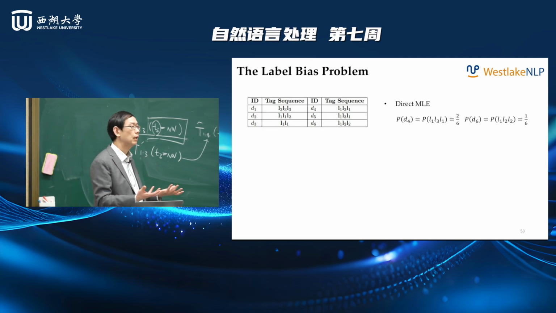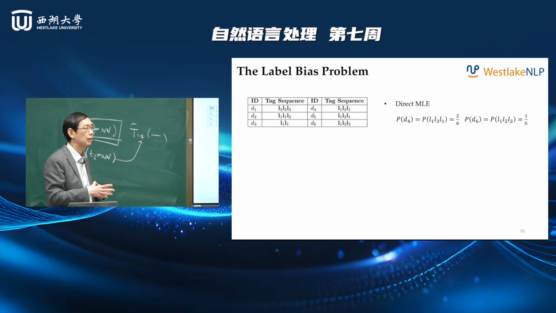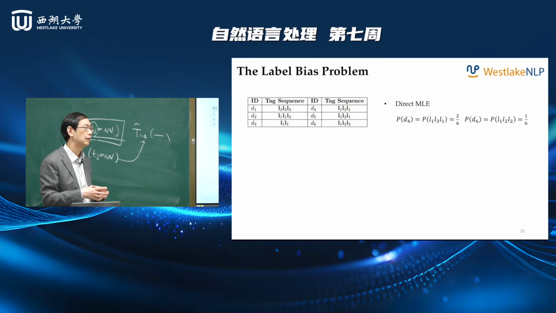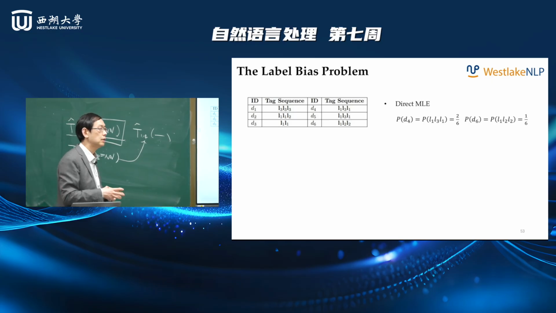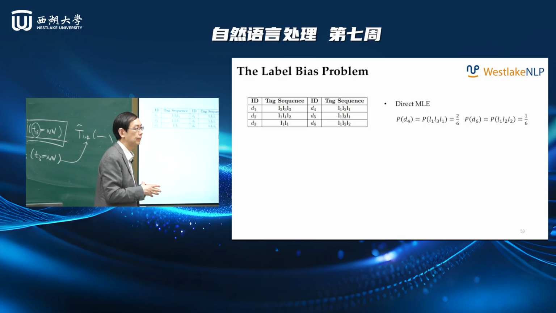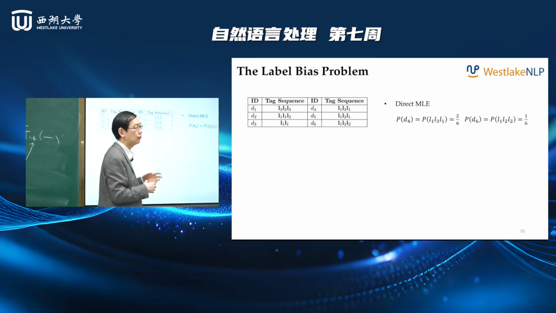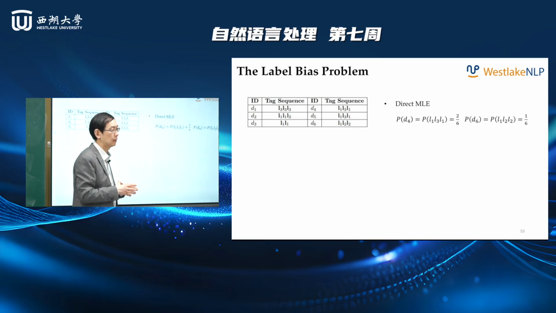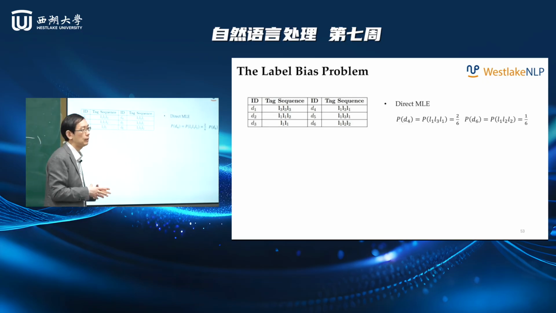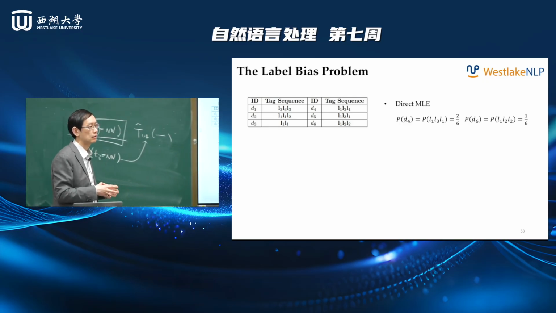Every one of you can immediately say D4 is more probable than D6, right? Because D4 and D5 are the same, the probability of D4 is a third. It's twice the probability of D6. That's obvious.